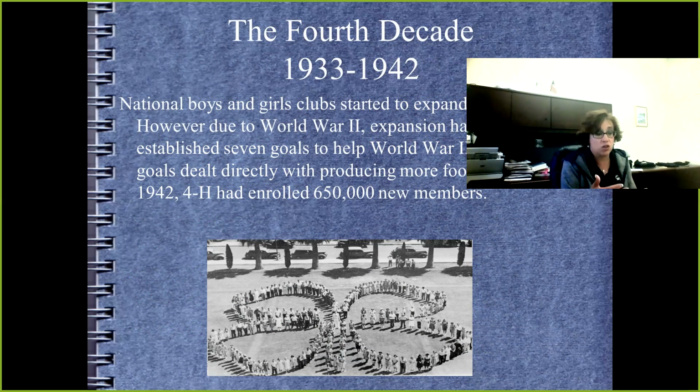So that's a huge accomplishment when you think about it within our program. Right now, within a 5-year span, or 10-year span, they hope to have at least 1 million new members. But think about back in 1942 to have 650,000, that's a lot.